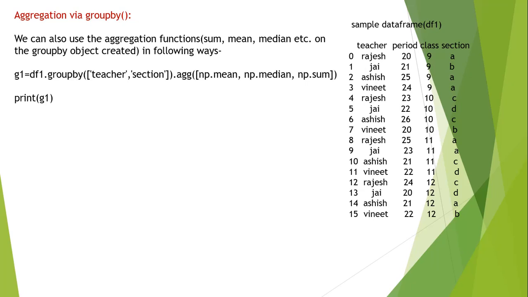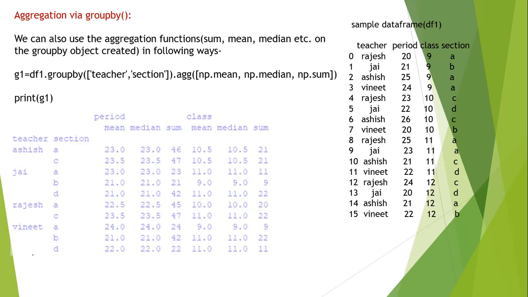So here we are able to perform three operations at once. That means mean will be taken out, median will be taken out, and sum will be taken out, according to the grouping of teacher and section. Now if we print G1, we are going to get this result.